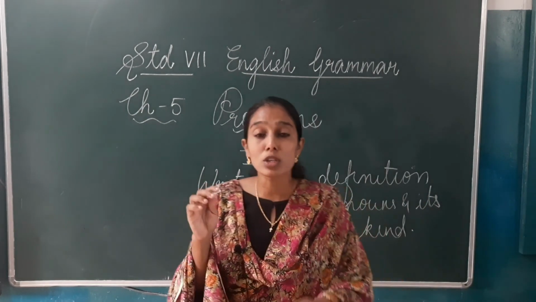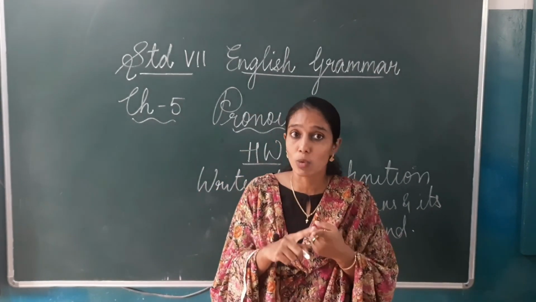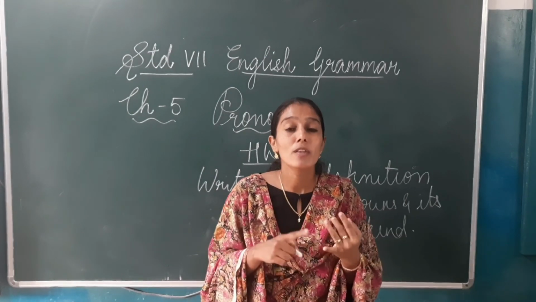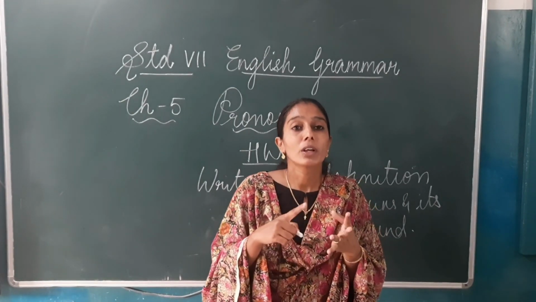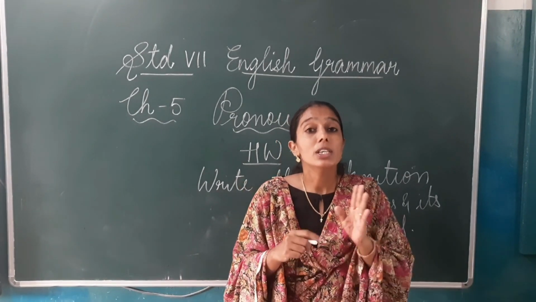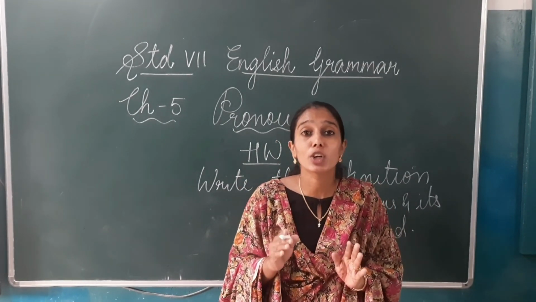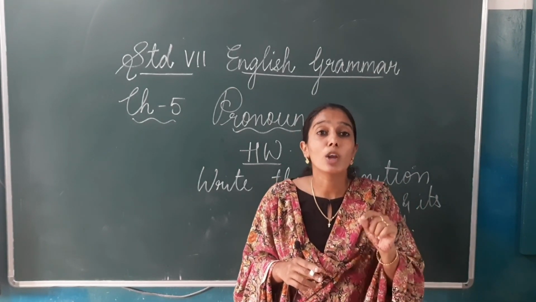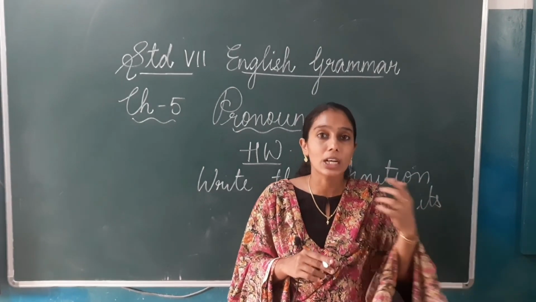So only those 4 kinds of pronoun. First you will write the definition of pronoun. Then you will write the definition of personal pronoun, possessive pronoun, emphatic and reflexive pronoun. See, the definitions are there in your textbook on the last pages. So you can write it from there along with the example that is given in the textbook.